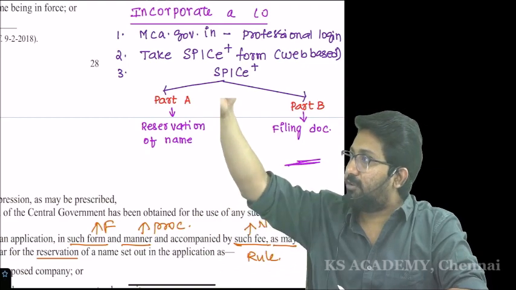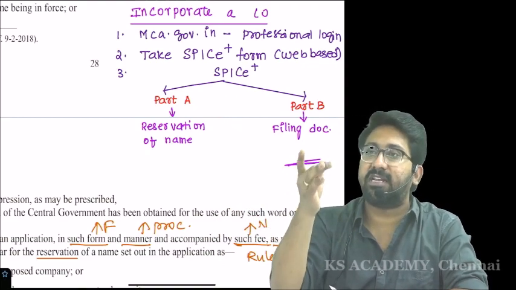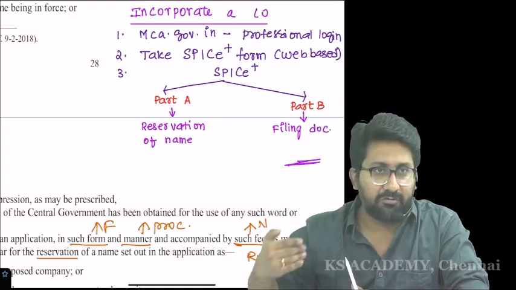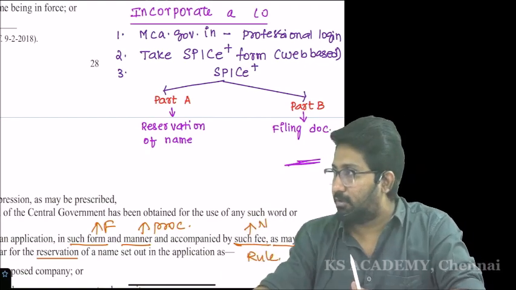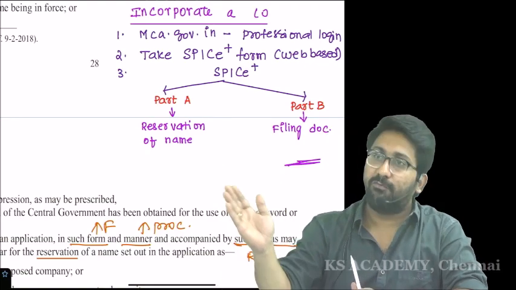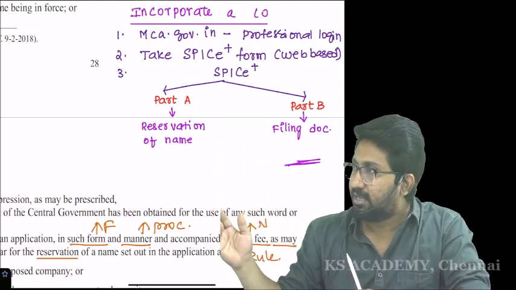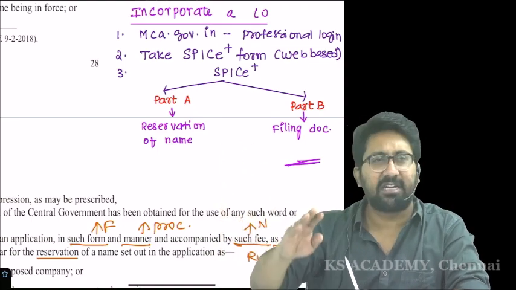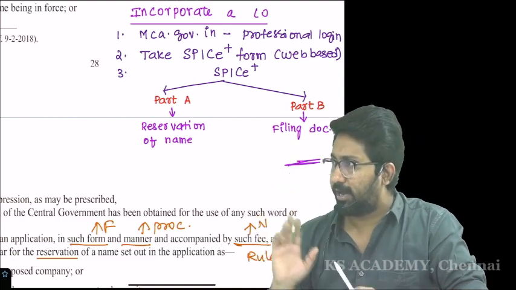The remaining 23, 24 pages will be there. Who are the subscribers to the memorandum, their names, addresses, nationality, everything you need to fill. Stamp duty fees will be there, everything you will pay online. You will attach the MOA, AOA, consent documents, registered address, residential address of the directors, and all other personal details. Then the company will get incorporated.